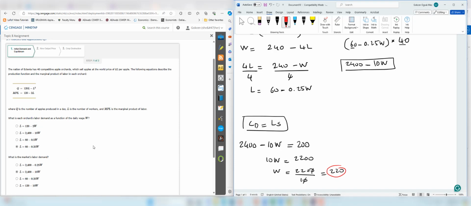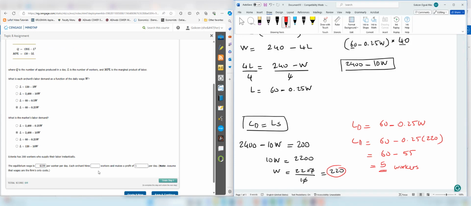We know that the labor demand function for each firm is 60 minus 0.25W. LD is equal to 60 minus 0.25 times 220, which is equal to 60 minus 55, which is 5. So each apple orchard demands 5 workers.